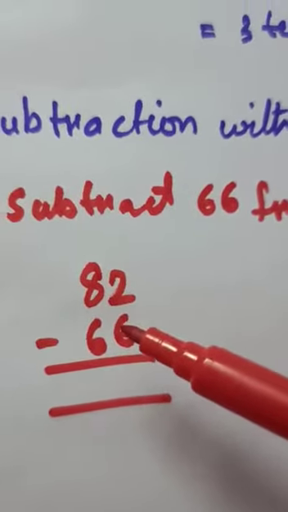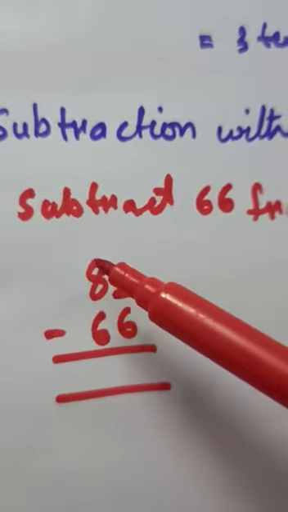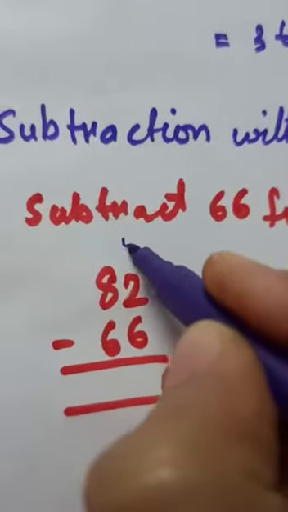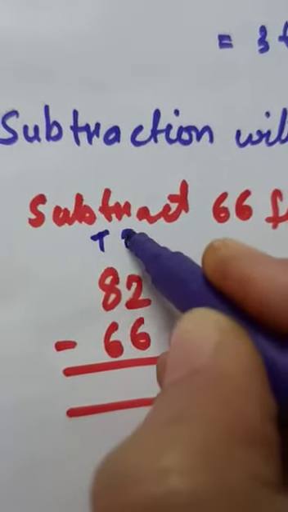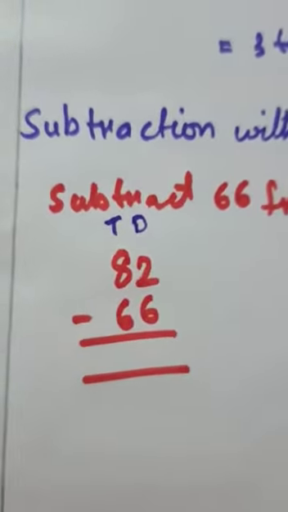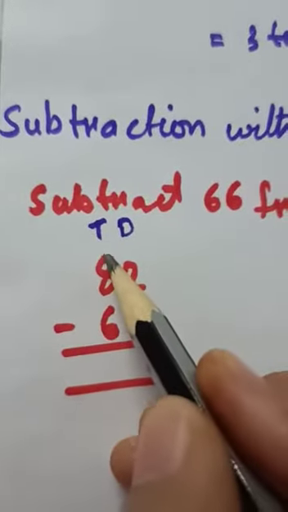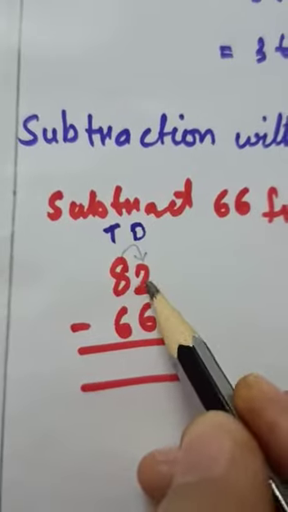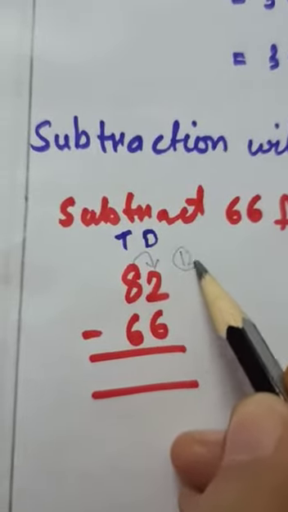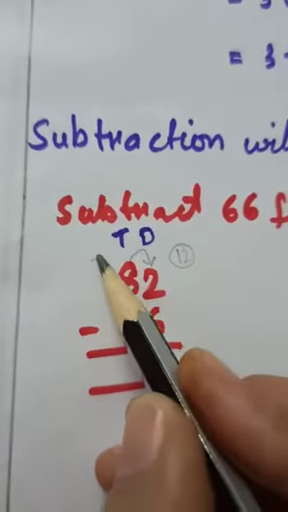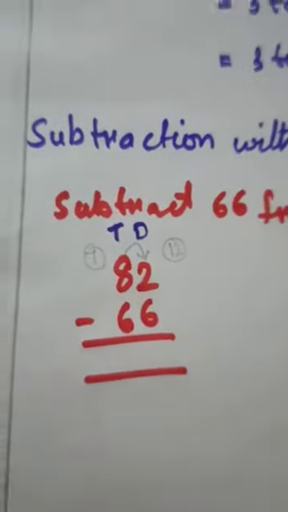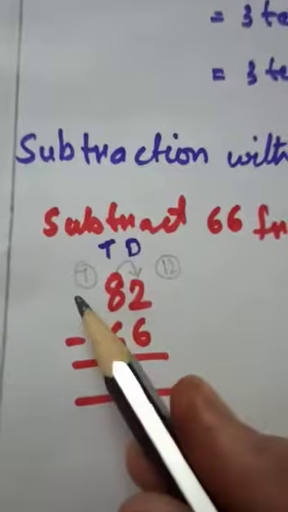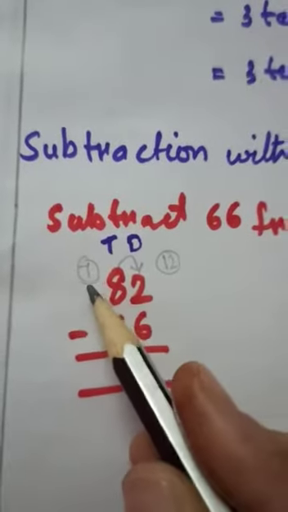So we have to take 1 ten from this tens place. After taking 1 ten from 8, this 2 will become 12 and this 8 will become 7.